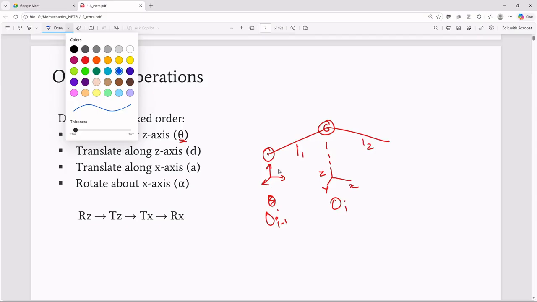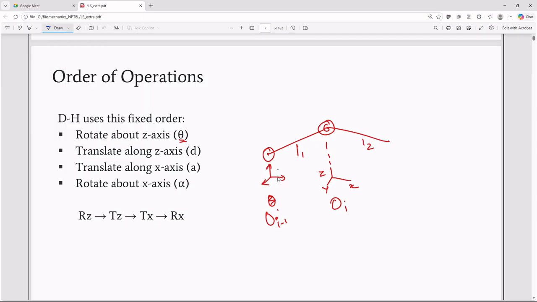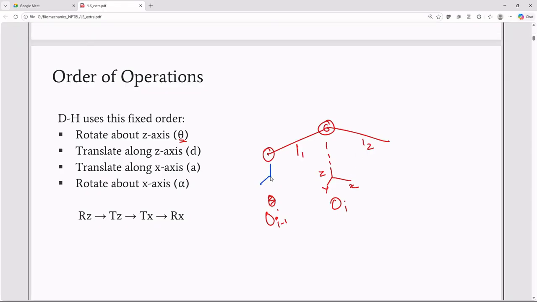Let me draw it with the blue. What are the transformations that I do to this particular coordinate system to match it exactly with this one? That will be the relation between these two coordinate systems.